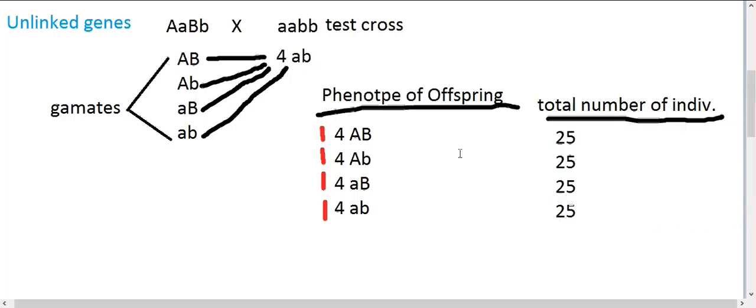Let's just say we have 100 individuals. So out of 100 individuals, we're going to get 25 of this phenotype, 25 of this phenotype, 25, 25.